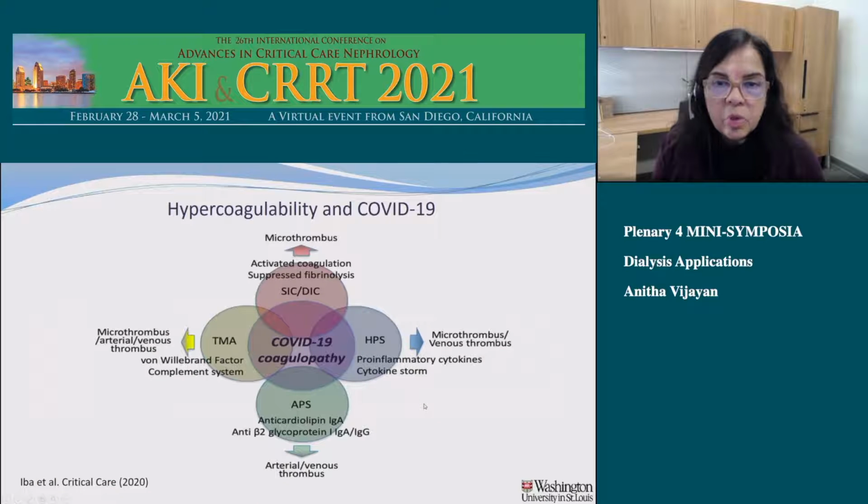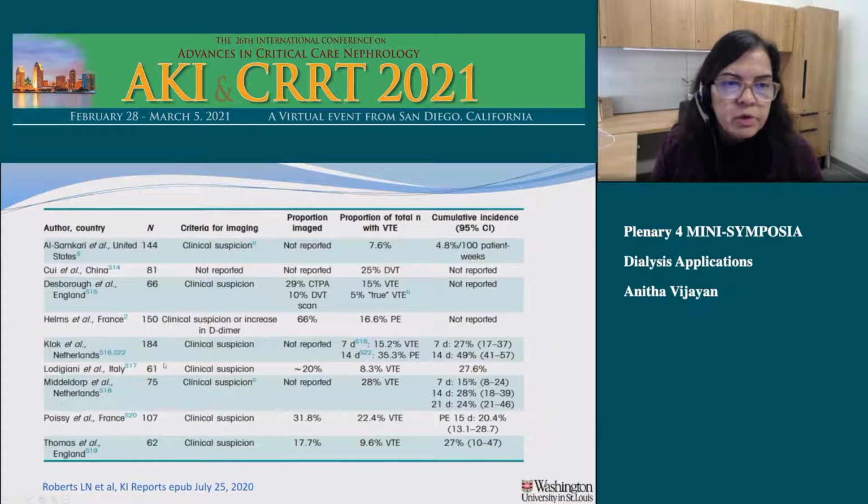What about hypercoagulability? As you know, this was a major issue in our COVID-19 patients. If there's one thing that definitely set the COVID-19 patients apart from other patients with sepsis, it was hypercoagulability. And this was a review of studies that showed high rates of DVT and other hypercoagulable states like PE in various countries.